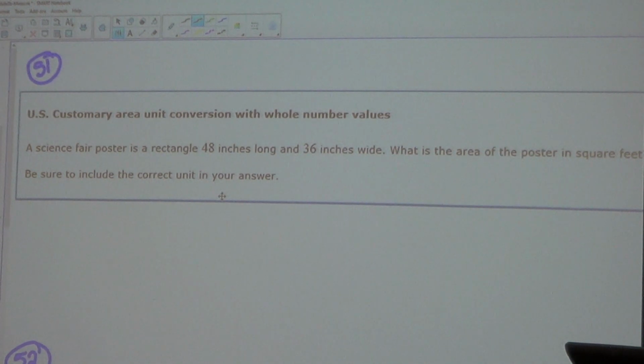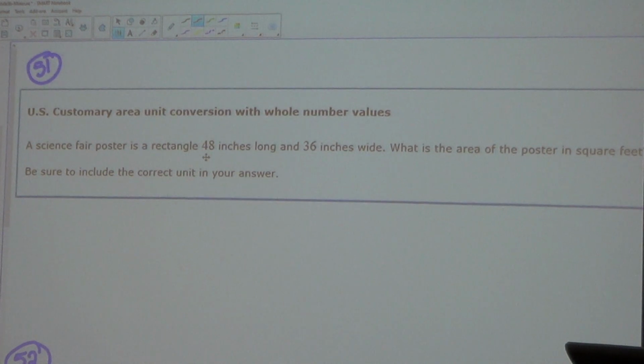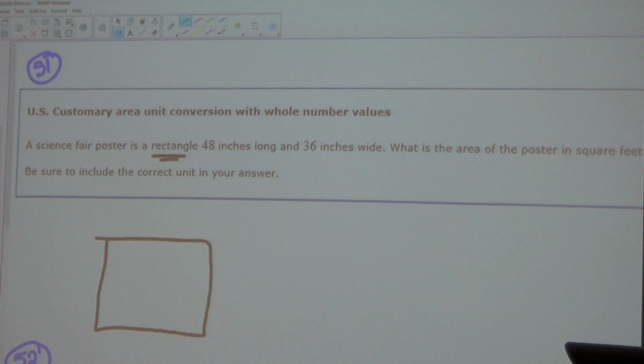This one right here gets a lot of people. It says you have a rectangle that is 48 inches by 36 inches. And we want to know the area of the rectangle. What's the formula for the area of a rectangle? Area. Length times width.